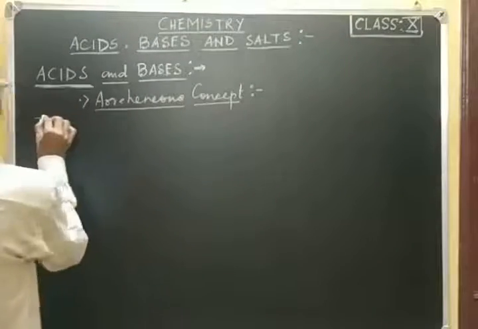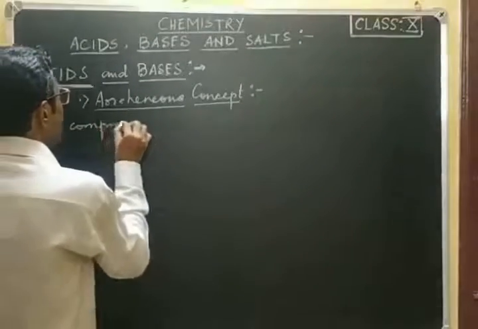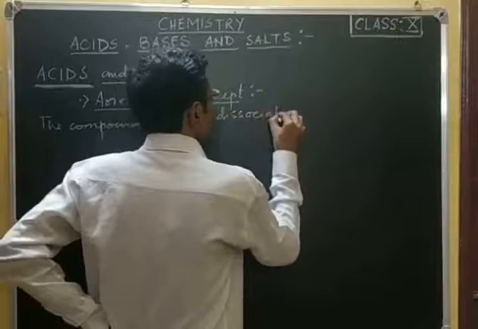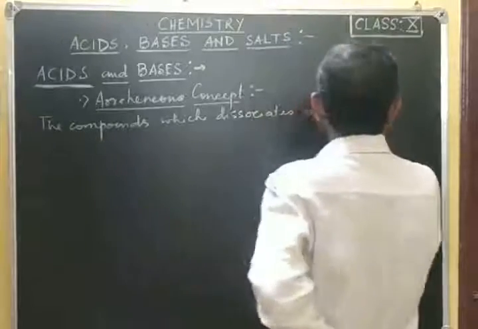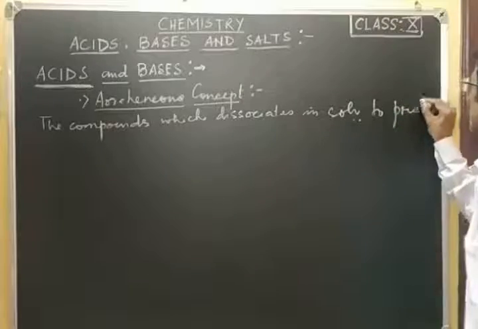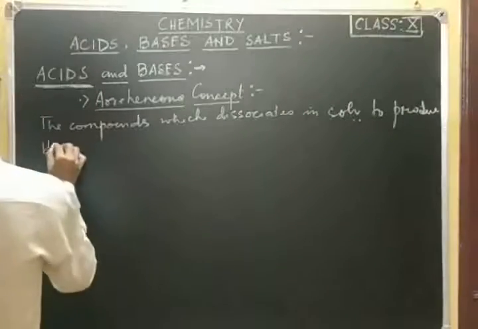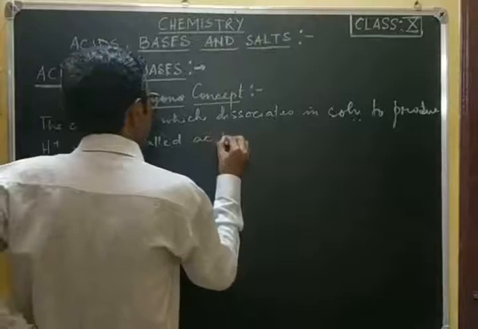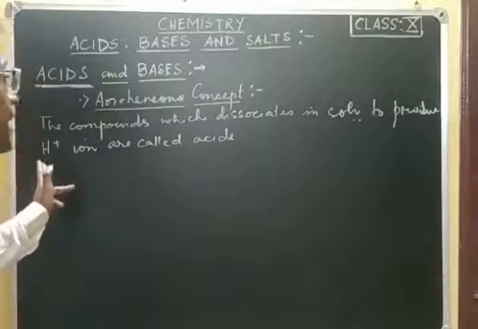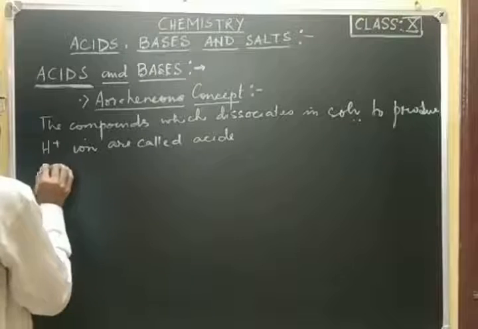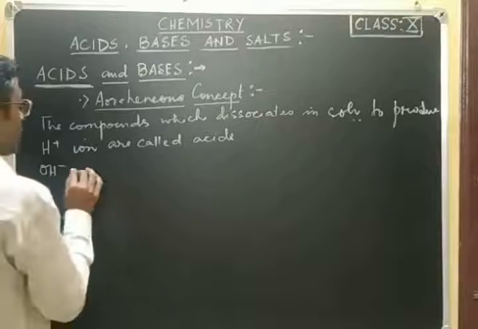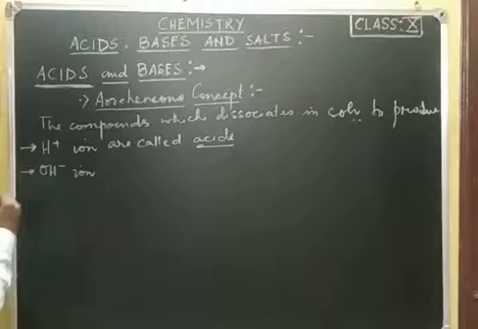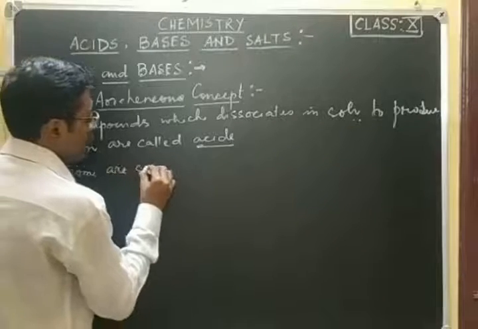The substance or compounds which dissociate in aqueous solution to produce H plus ion, hydrogen ion, are called acids, and those which produce OH minus ion are called bases.